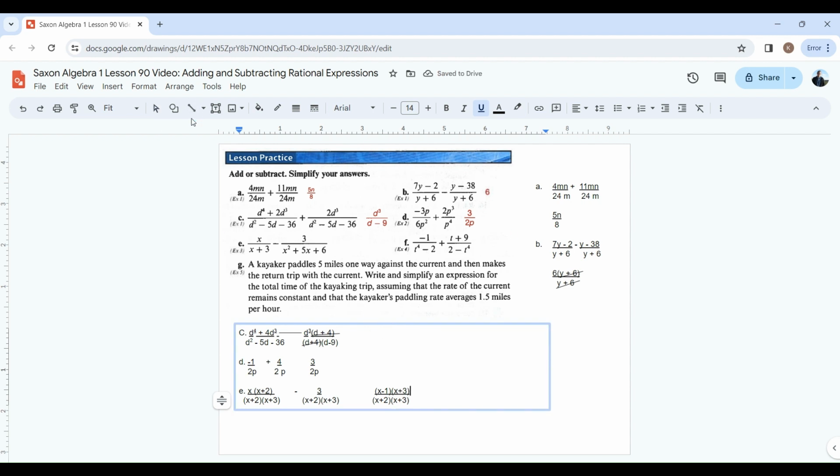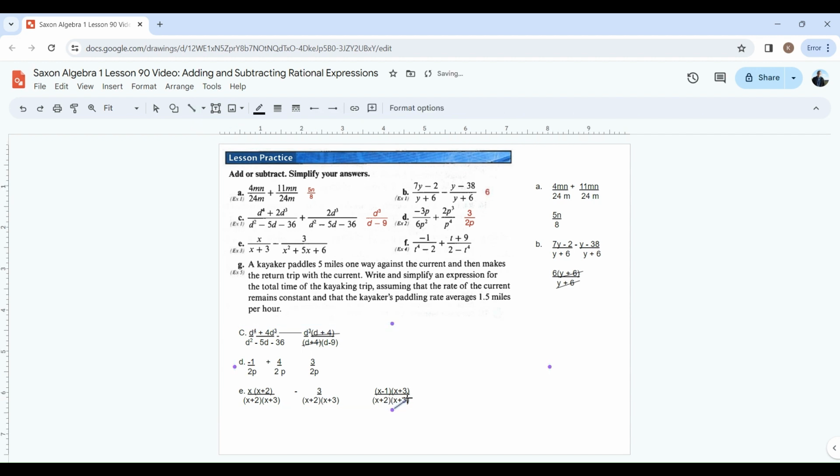I can cancel the x plus 3 because it's multiplied by what's on top. So let's go ahead and cross this off. And then we're just going to do the same thing for the x plus 3 on the top. I should be left with x minus 1 over x plus 2.